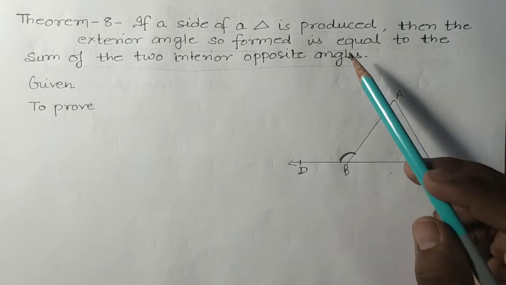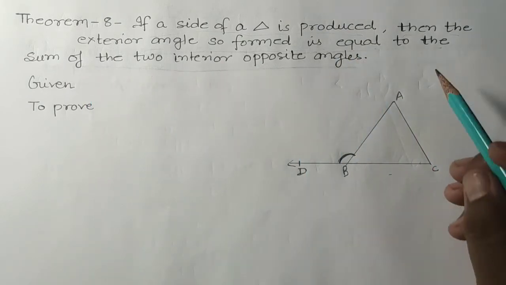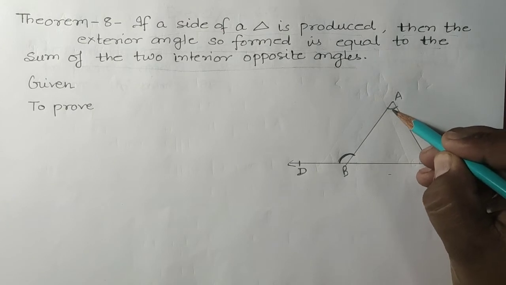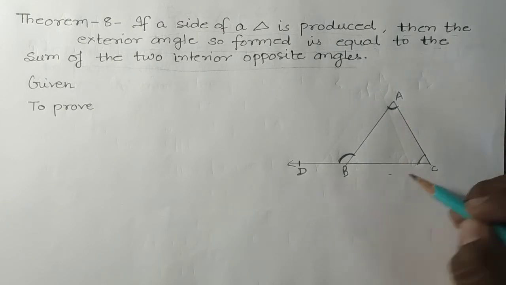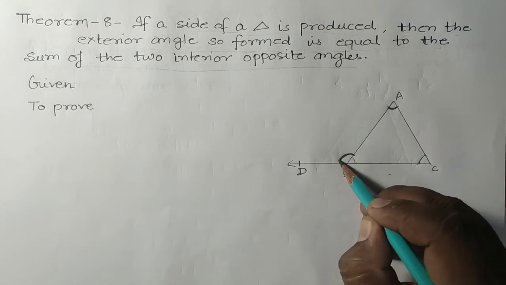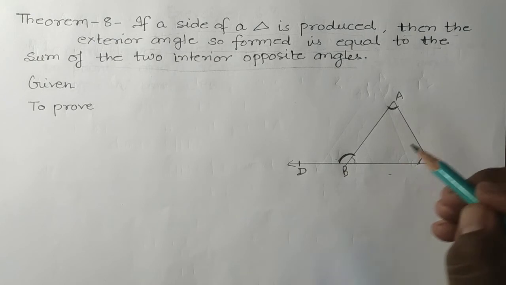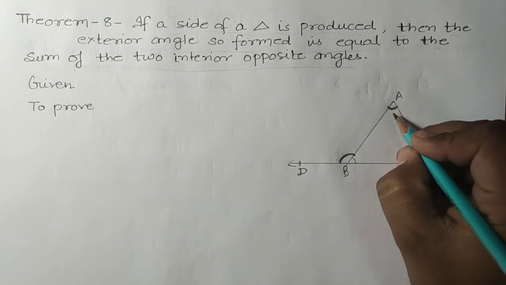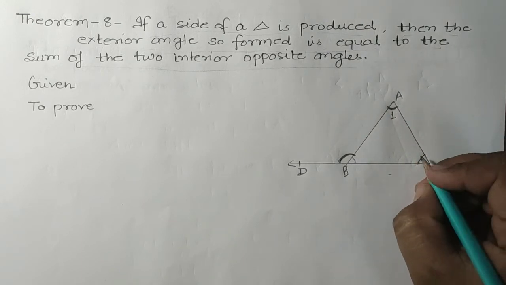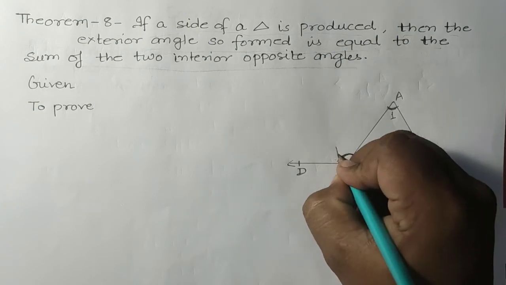The interior opposite angles will be these two angles, because this angle is just the adjacent angle of this one. So the two opposite interior angles will be this angle and this angle. Now suppose this is angle 1, this is angle 2, this is angle 3, and this is angle 4.